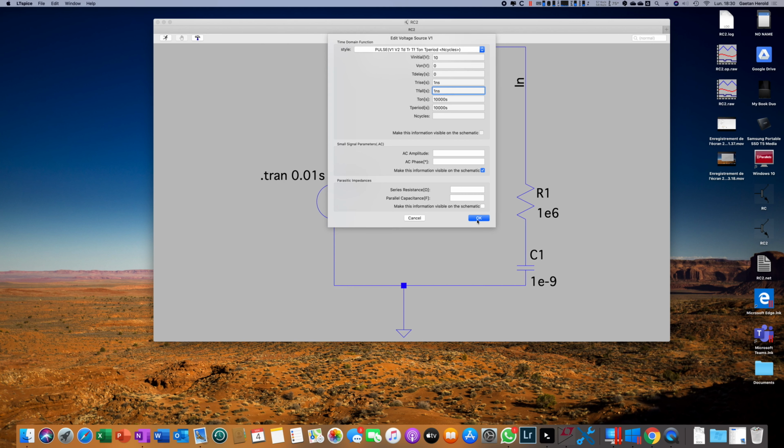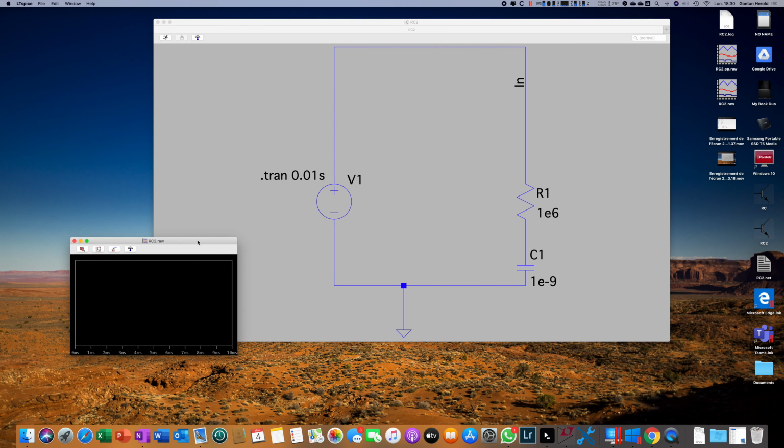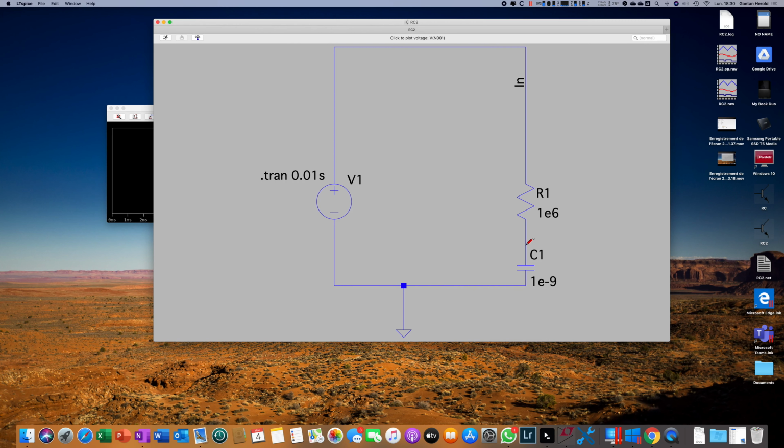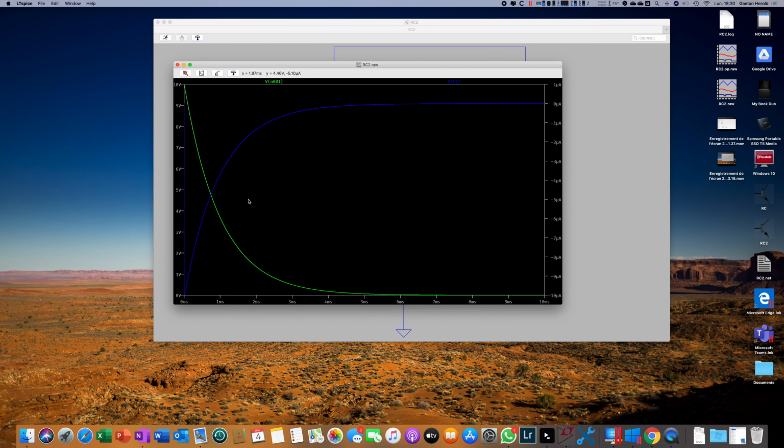Now that we have done all that, we are going to run our circuit and measure, for example, the voltage at the terminals of C1 as well as the current flowing through it. Quite quickly, we see some interesting things on this graph.